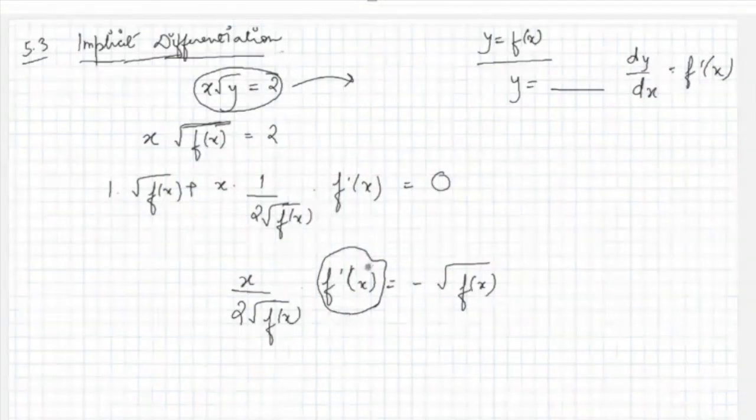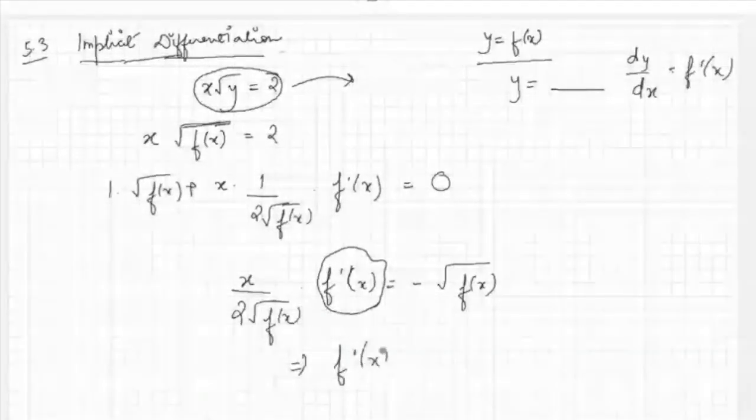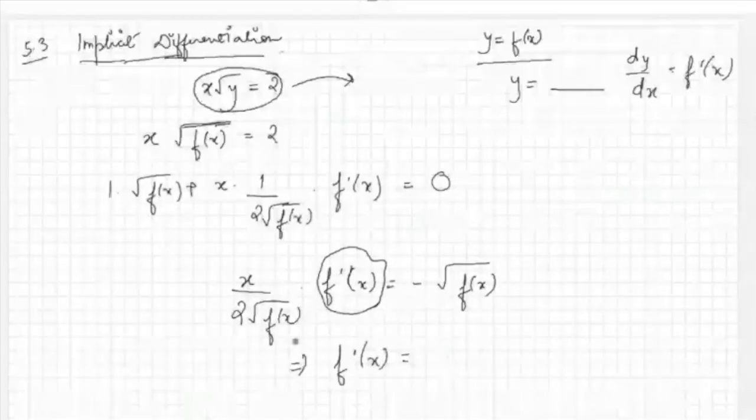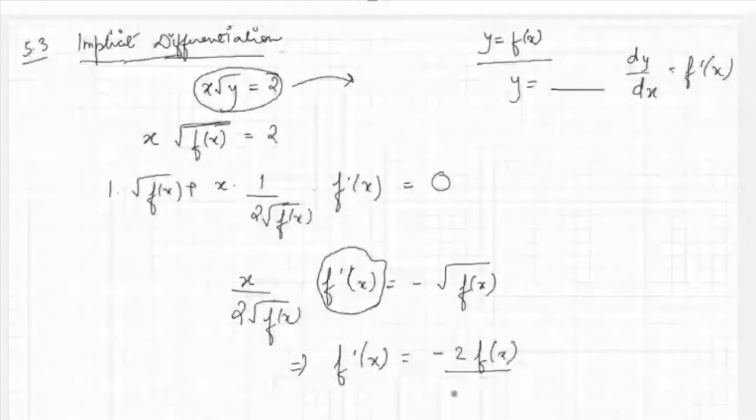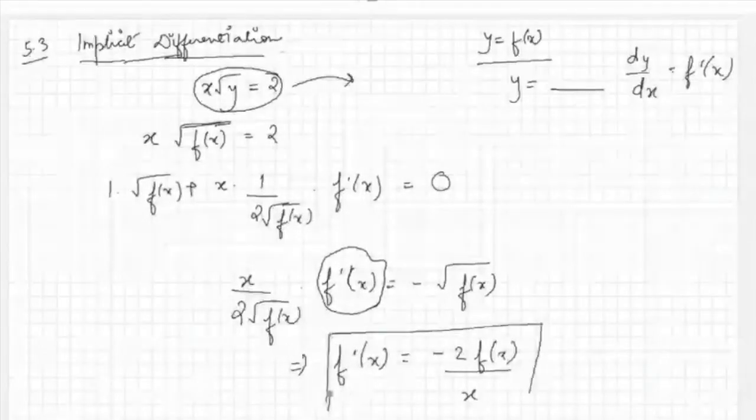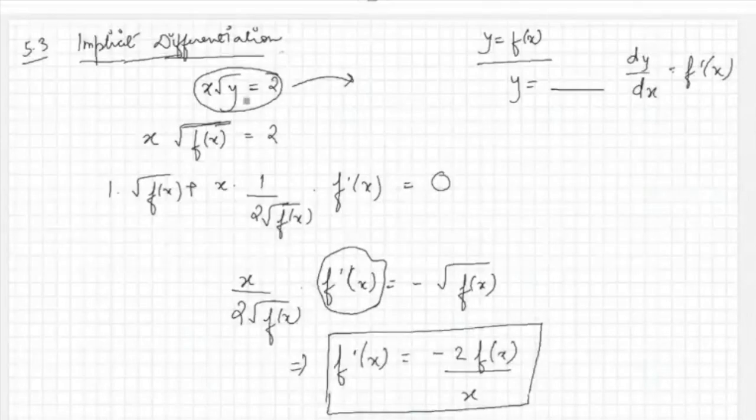Now I can separate this term out and calculate the value of f prime x, which will come out to be, this will get cross multiplied, so root f of x will become f of x, so minus 2 f of x divided by x, and that's the derivative of f of x or y.